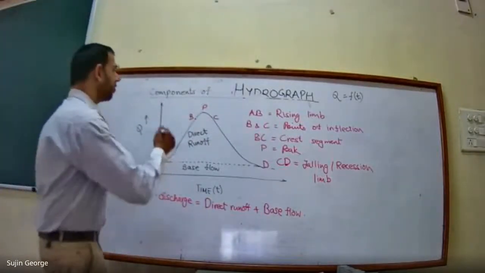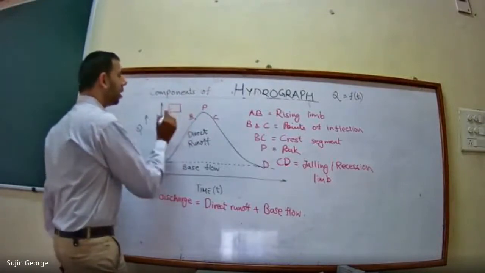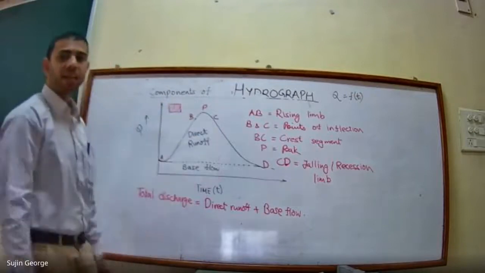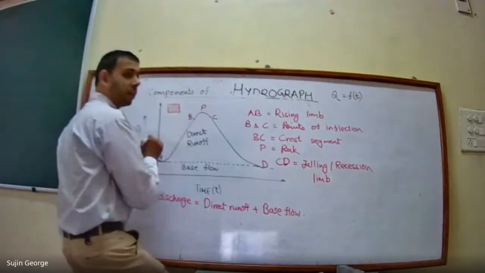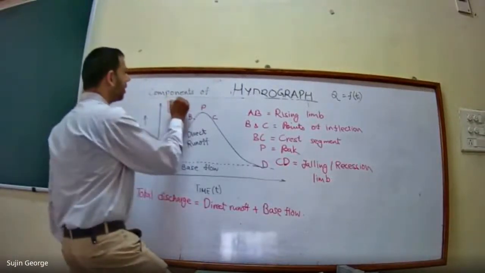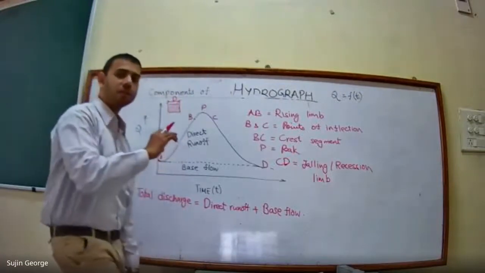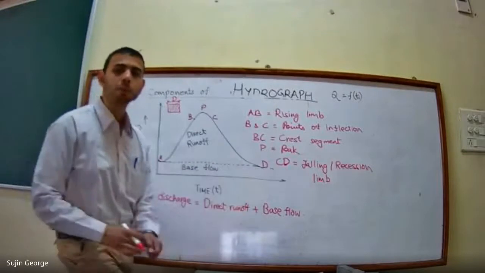Now, if we have to represent this by uniform rainfall, suppose rainfall is uniform in that particular catchment area, and we have denoted this rainfall over here. It has a duration of, suppose, capital D. The duration of the rainfall is capital D and the rainfall is uniform throughout the catchment.